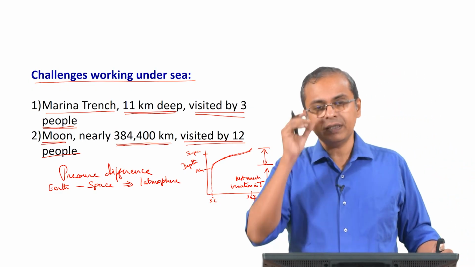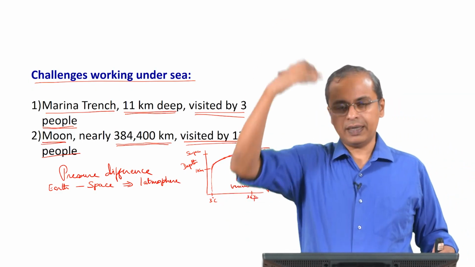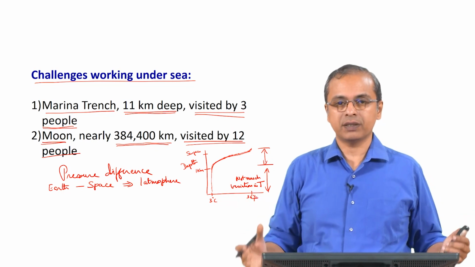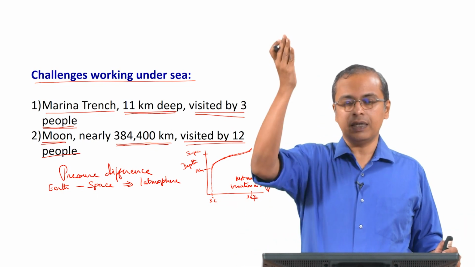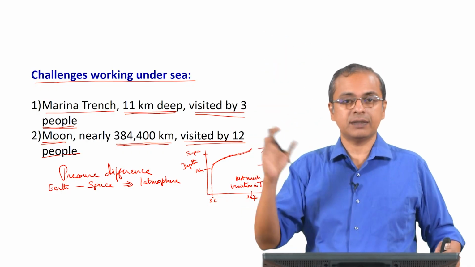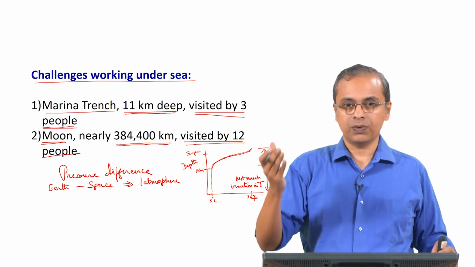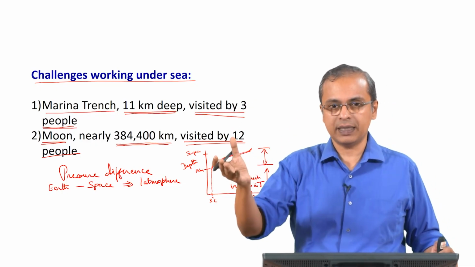When you are on the Earth, you experience 1 atmosphere of pressure. If you lift off from Earth and come out into space, there is essentially vacuum out there, so the pressure has dropped to 0.